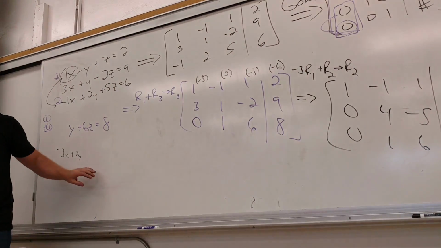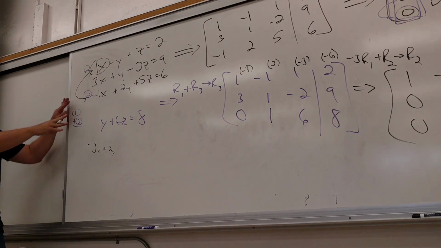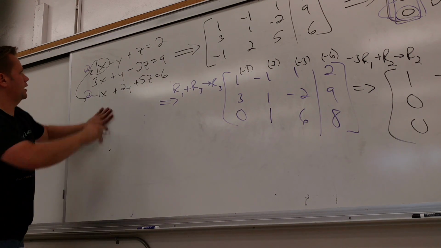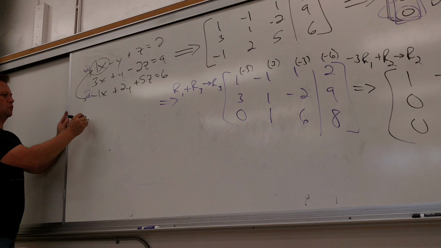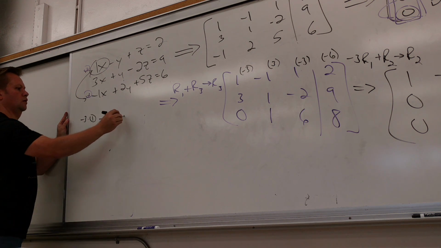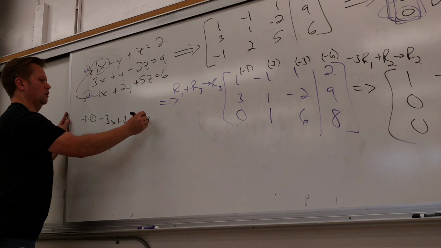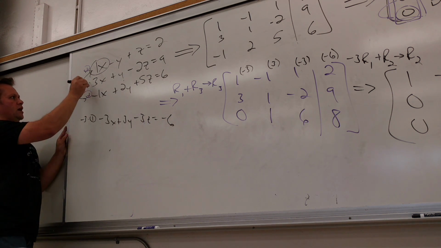Okay, so that's equivalent to, and again, you don't have to write all this, but I just want to show you what this would look like. It would look like this. -3 times 1, and then the second one.